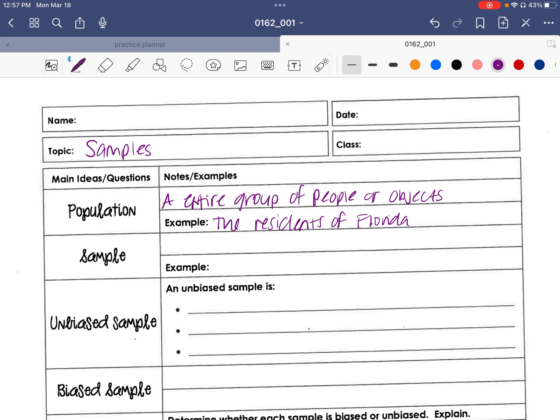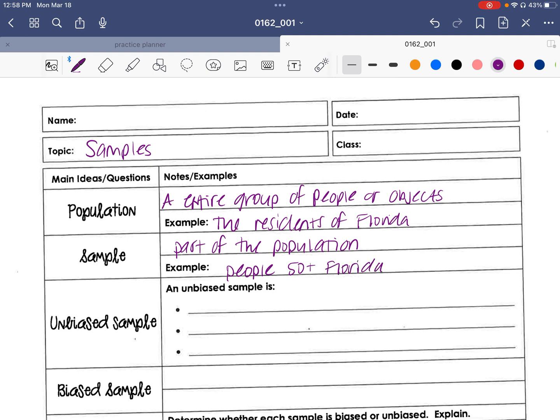A sample is a part of the population. An example of that could be, we could also do the residents of Florida because there are non-residents, or you could say people 50 plus in Florida.